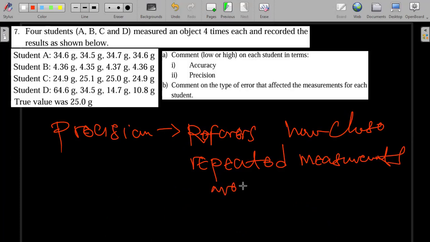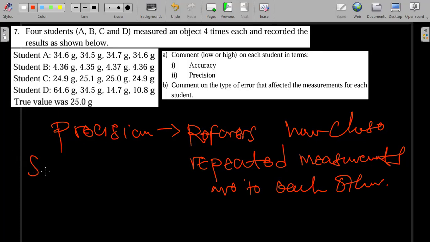So how close the repeated measurements are to each other, that's what we call precision. The recordings or the measured values may not be necessarily close to the true value, but if they are closer to each other, then we are going to say they are precise.